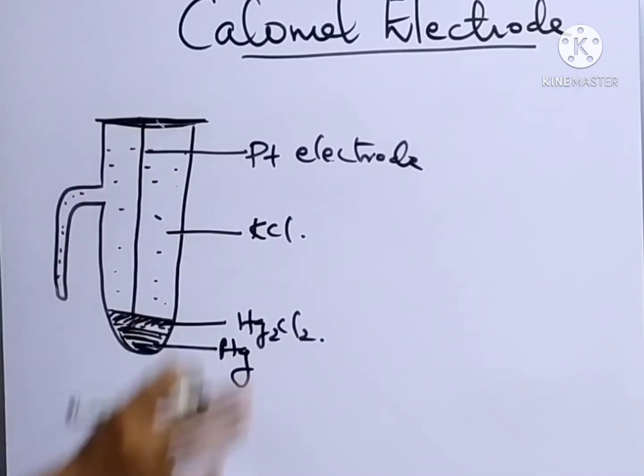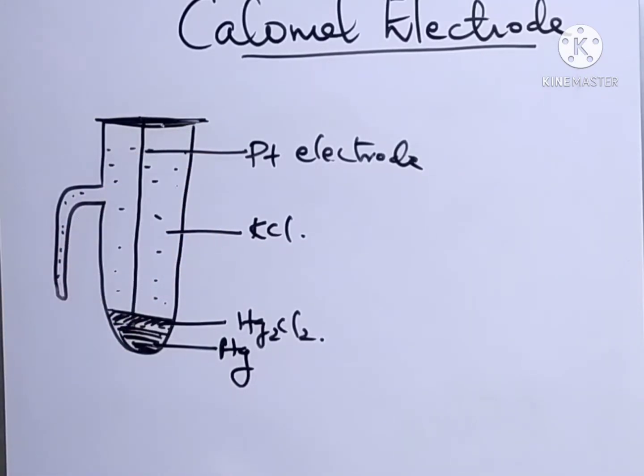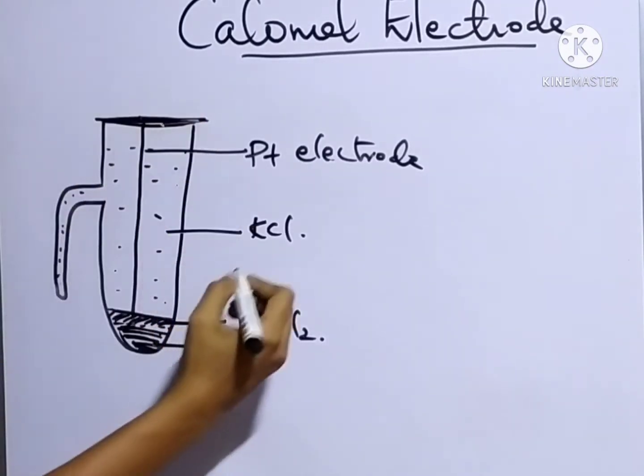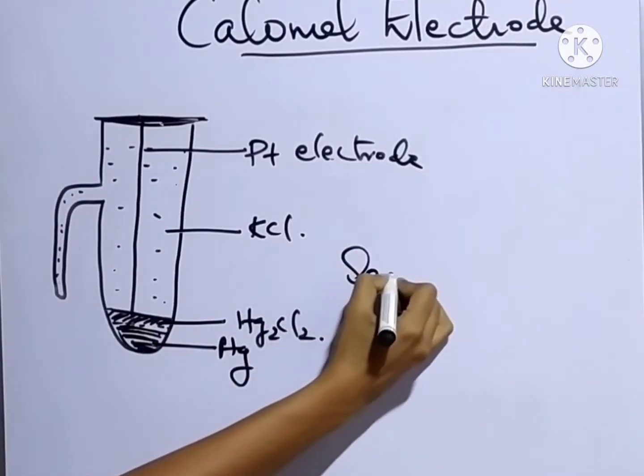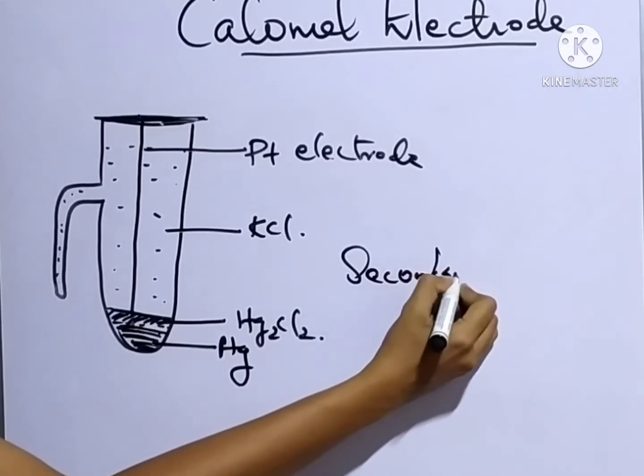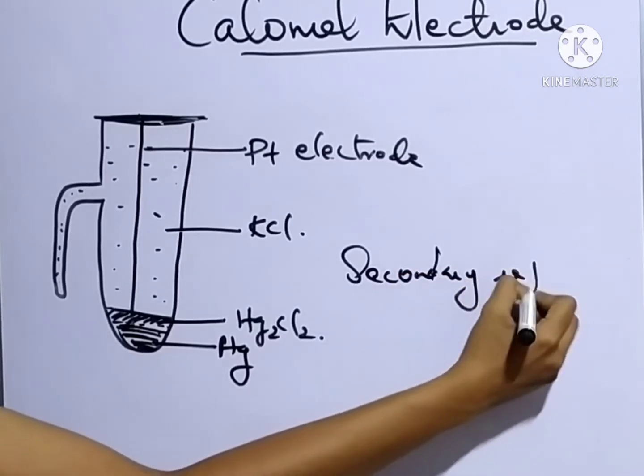So this is the basic construction of a calomel electrode. Actually, the calomel electrode is classified as a secondary reference electrode.